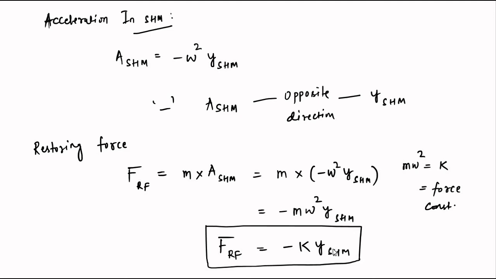So this equation is the general standard expression for simple harmonic motion. In the previous video we also discussed the time period and frequency of SHM. Here also we'll try to do it in a different way.